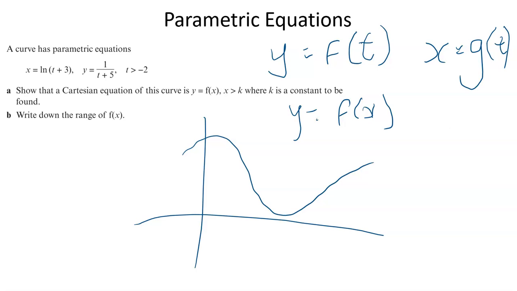The value of t defines the shape of the curve. For the coordinate of a point on the curve, given by some singular t value, this function tells you what that x value is, and this function will tell you what this y value is.